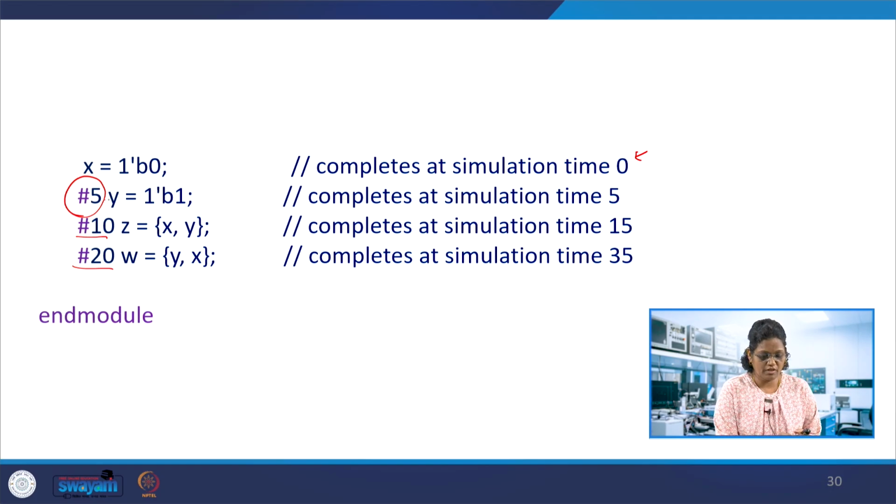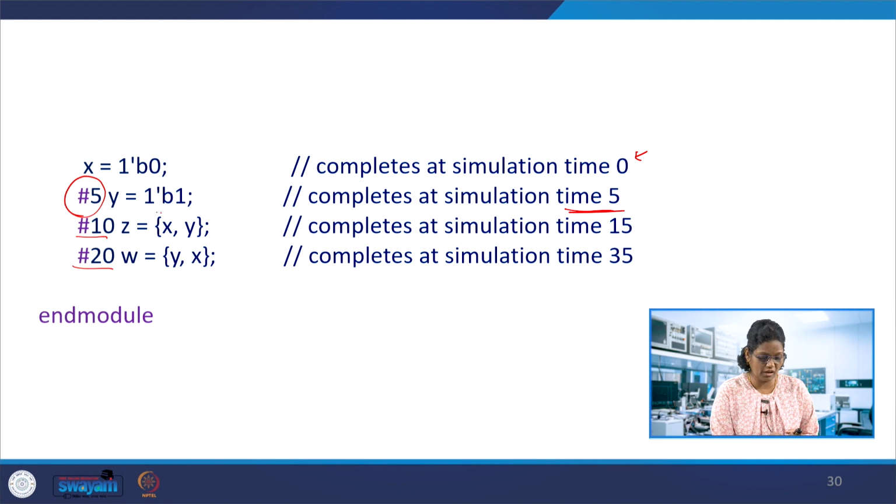When you put #5, the 1 will be evaluated and assigned after #5, that is at time unit 5, and after that the next is #10, so 15. At 15 time units, x and y are concatenated and assigned to z.